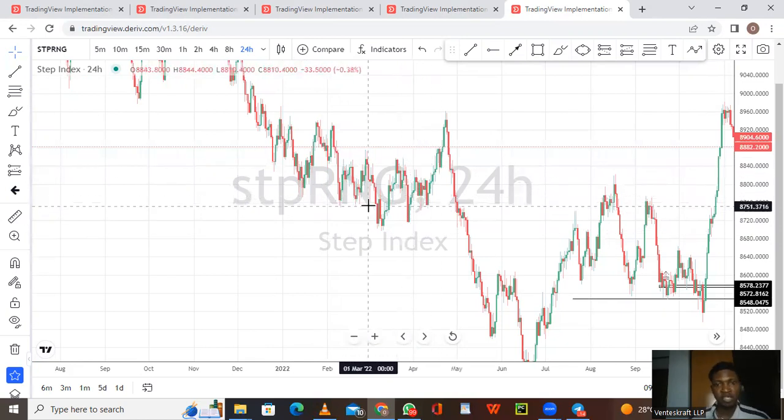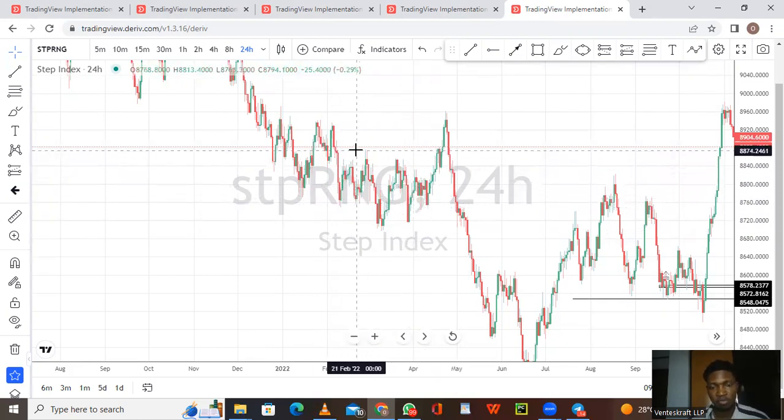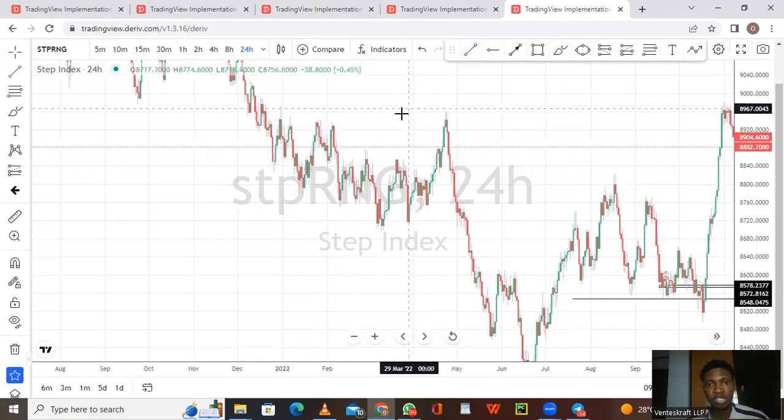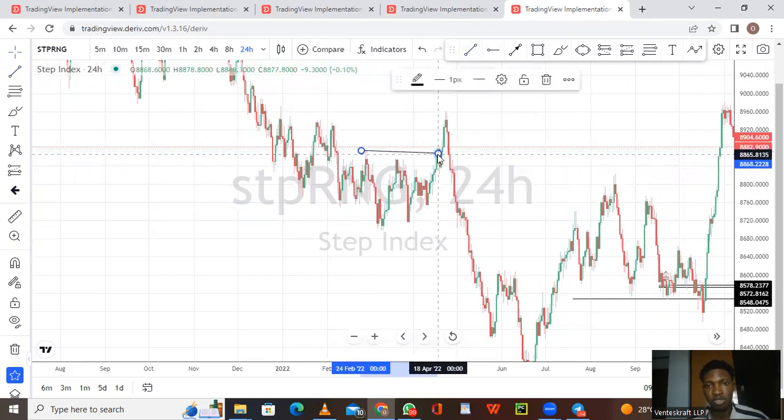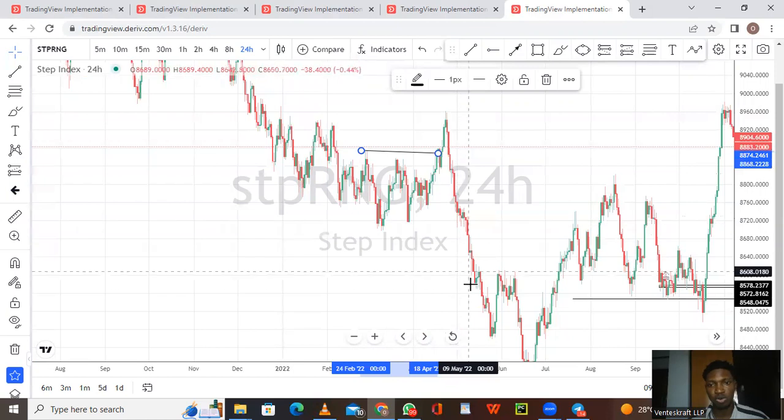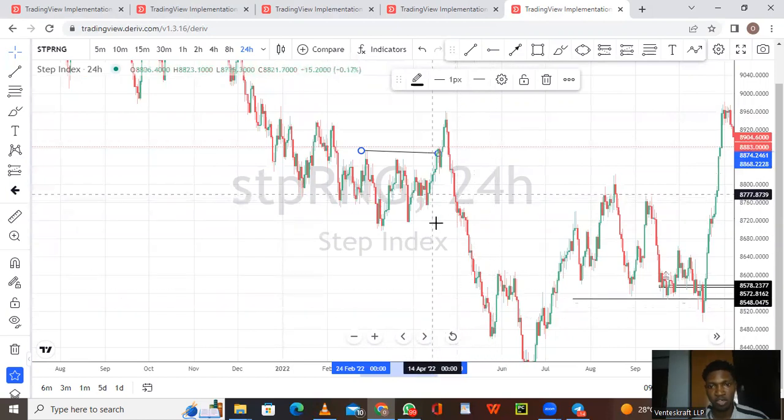But here, this was the previous lower high, and it was broken to the upside. We were expecting that the market wanted to switch from being bearish to bullish. But what happened? The market crashed all the way down to this place.